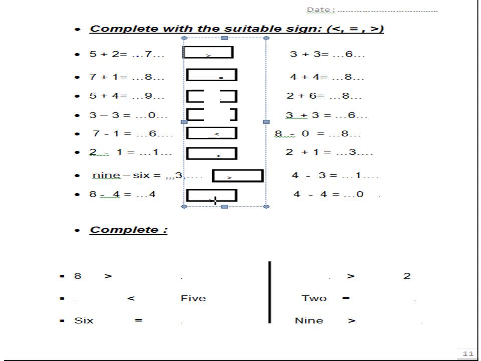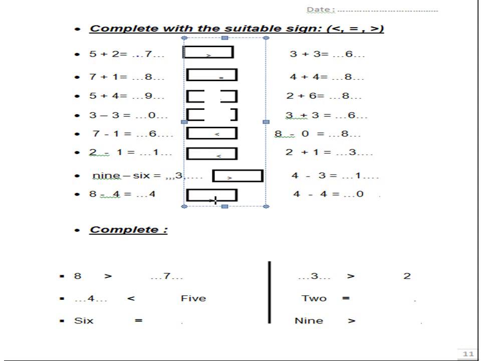The first one here, we need a number smaller than 8, so it will be 7. The second one here, 2, we need a number bigger than 2, of course 3. The third question here, we need a number smaller than 5, of course 4.